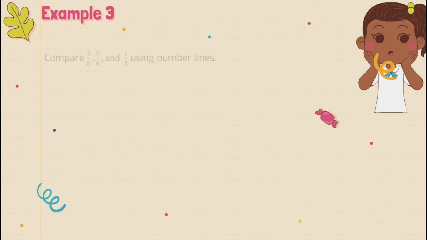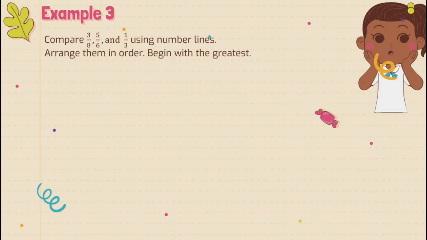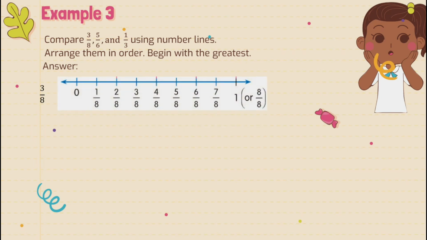Example 3. Compare 3/8, 5/6, and 1/3 using number lines. Arrange them in order, beginning with the greatest. Answer. 3/8. Here is the number line and 3/8 is here. 5/6.